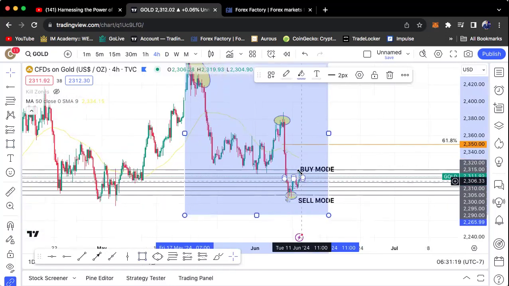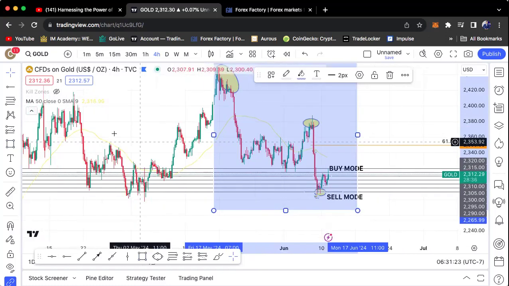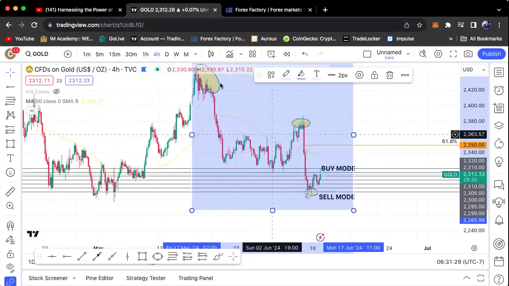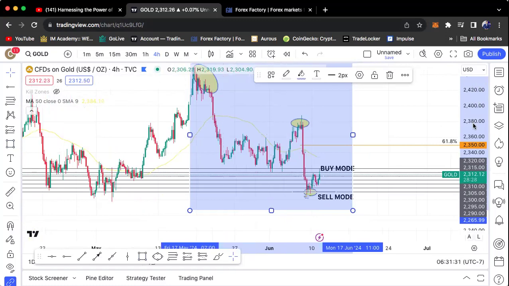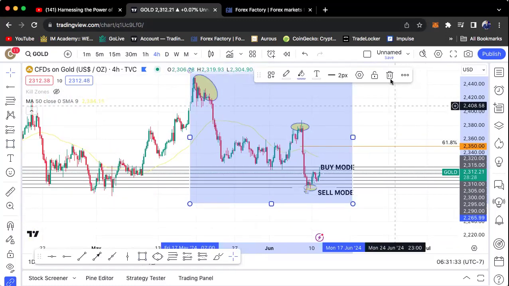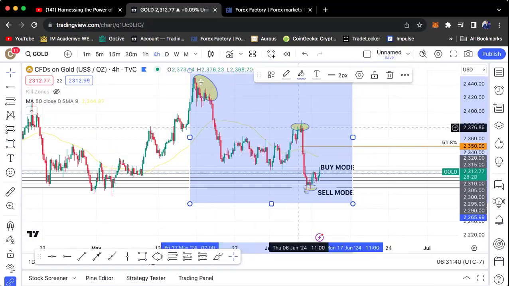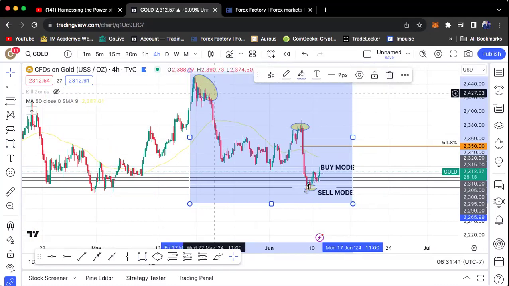You want to see where price is currently at to determine the direction of the market. I don't care what happened back here, because this already happened. I'm looking at the most recent higher highs, higher lows, or lower lows or highs. So here we are seeing a lower high because this high is lower than this previous high. And then this low is lower than this previous low.